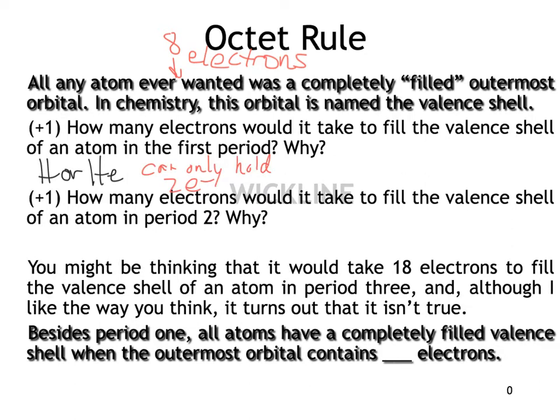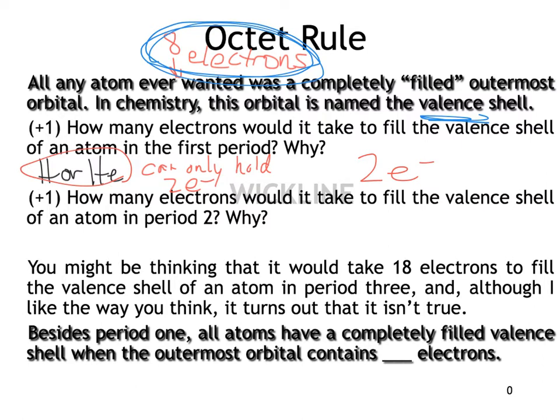So we know that it would take 2 electrons to fill the valence shell of an atom in the first period. So this number 8, as the number of electrons needed to fill the valence shell, only applies to elements that are not hydrogen or helium. For hydrogen and helium, the answer would be 2.